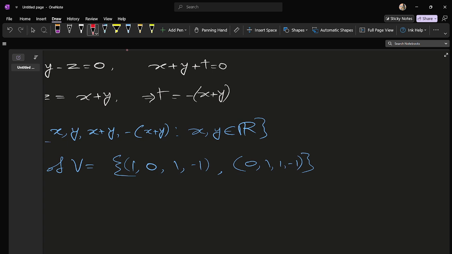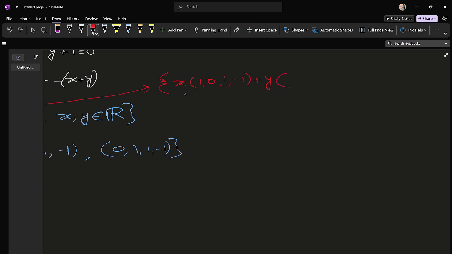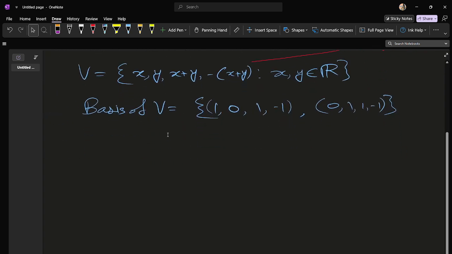We can rewrite this as x times (1, 0, 1, -1) plus y times (0, 1, 1, -1), where x and y are reals. We can rewrite it in this manner. So the basis of V is this.